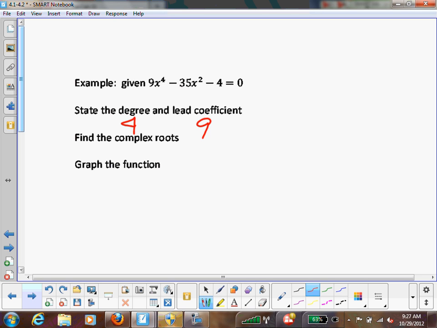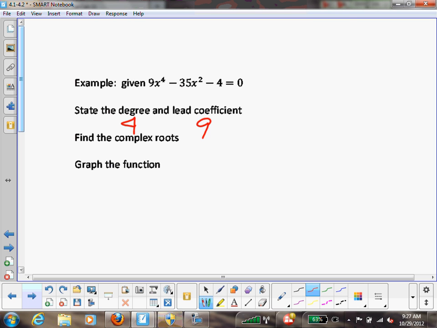What is the quadratic formula for? What should the highest exponent be for a quadratic? Squared. What is the highest degree here? 4. Can't use the quadratic formula because the degree is too high. So we look at factoring. All right?